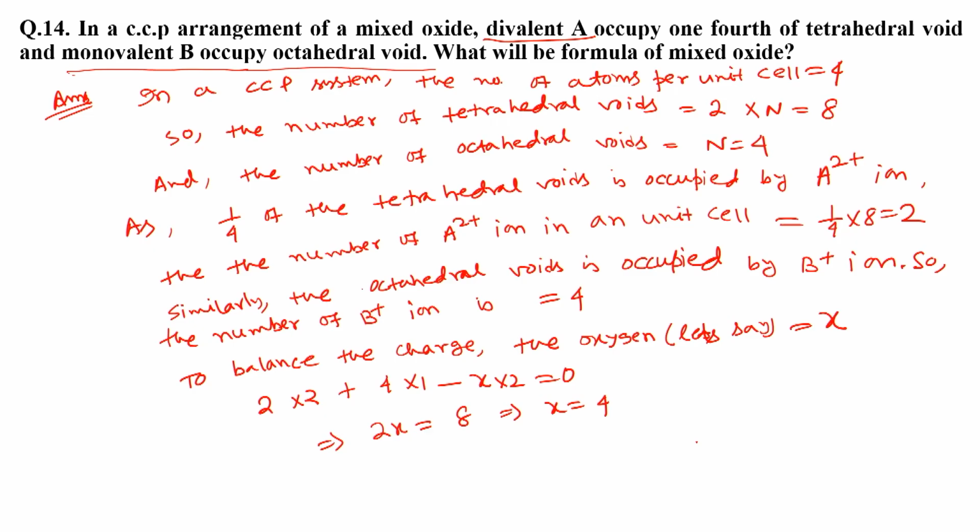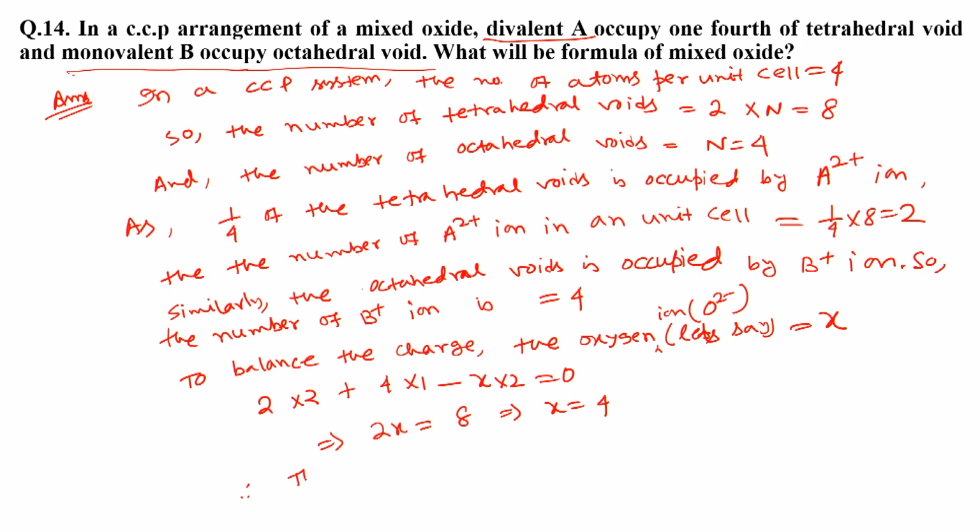The number of oxygen ions will be x, and the charge of oxygen is O2 minus. So x is 4.